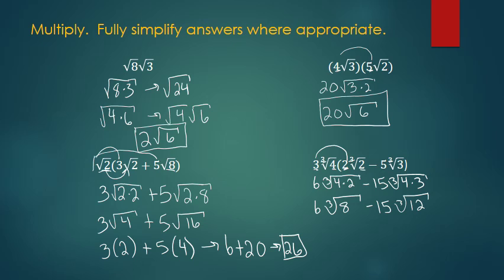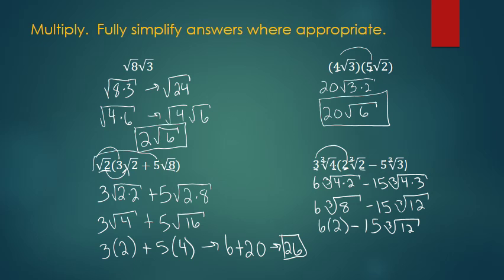Okay, next I need to see, is there anything that can be simplified? Yes, the cube root of 8 is actually 2, so that becomes 6 times 2 minus. Now, is there a perfect cube that goes into 12? Well, the smallest perfect cube is 8, and 8 does not go evenly into 12, so I know that I cannot simplify that root. So that's just going to stay the same. So minus 15 cube root 12.